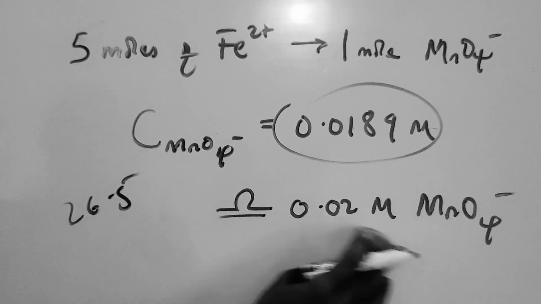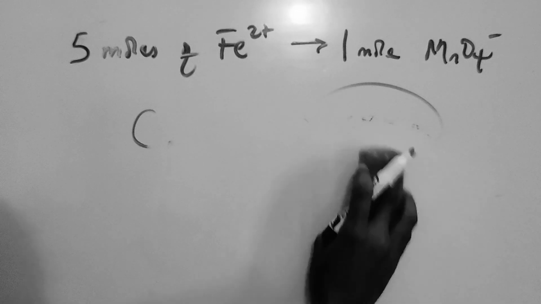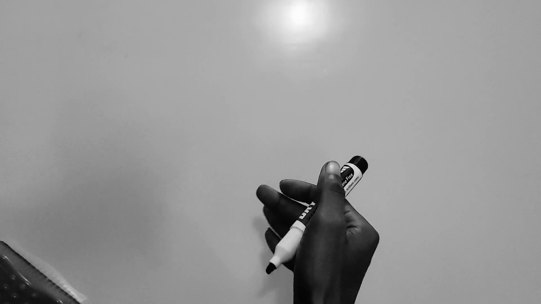In the next one, you are asked to find the molar concentration of solution A. We can still use the same method that I've just showed you. Molar concentration of solution A is that of the oxalic acid. So you go back to the first table, because the first table had to do with the reaction between permanganate and the oxalic acid.